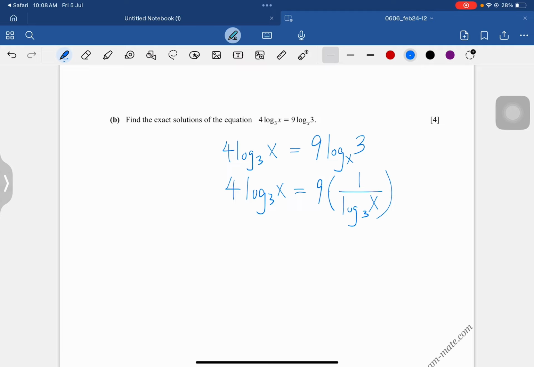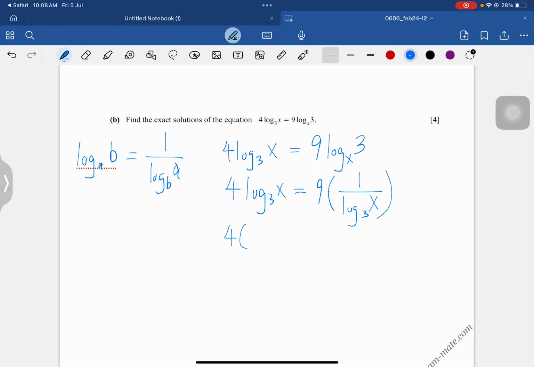This is using the change of base formula. If you want, you can actually memorize the change. I'll write here in case you want to refer. Log b base a will be equal to 1 over log a base b. So divide, throw to the other side will be times.